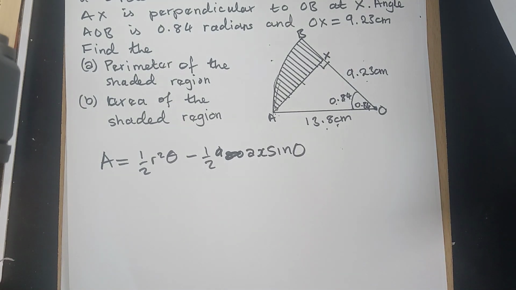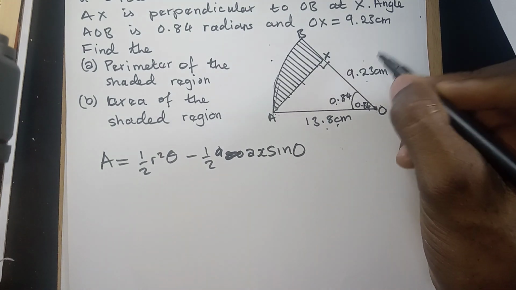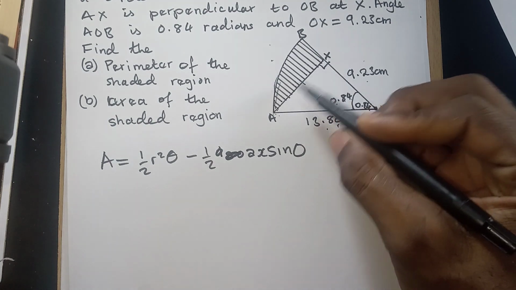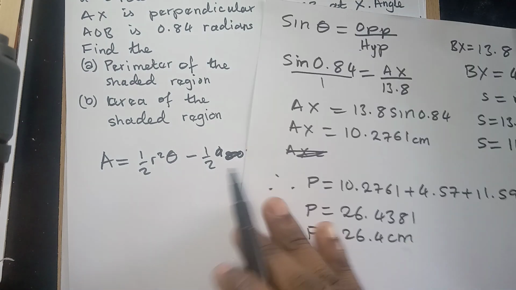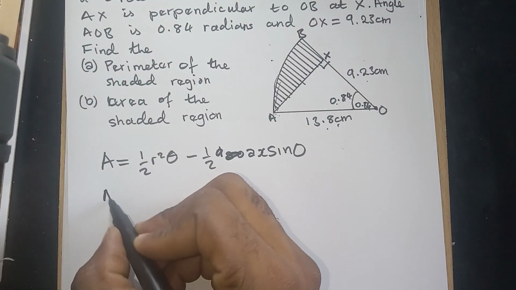Or since this is right angled, you can even use half base times height, using the AX we found here. So now let's do this.